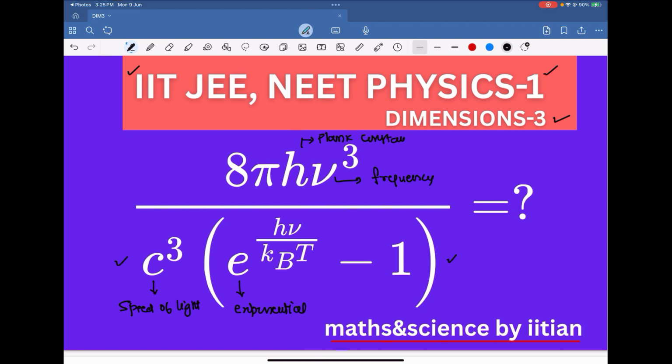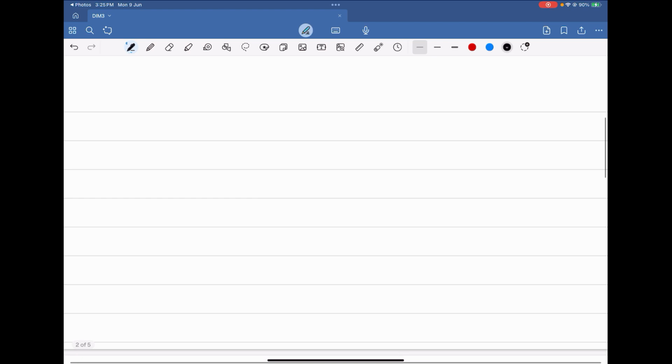It cannot have any dimensions. It will be a number. In this, h is as usual Planck constant, nu is a frequency, kb is Boltzmann constant, T is temperature in Kelvin. Kelvin is capital K.